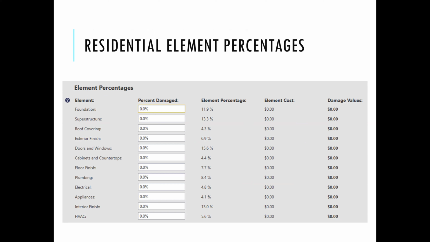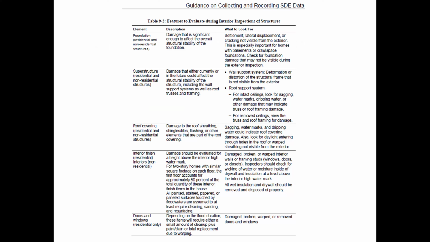So this is the residential. Again, there's a couple more elements like exterior finishes, appliances, the HVAC, all that stuff. And so these are the tabs where you actually enter in the levels of damage to those elements. And then this is a screenshot from the field guide on what to look for.